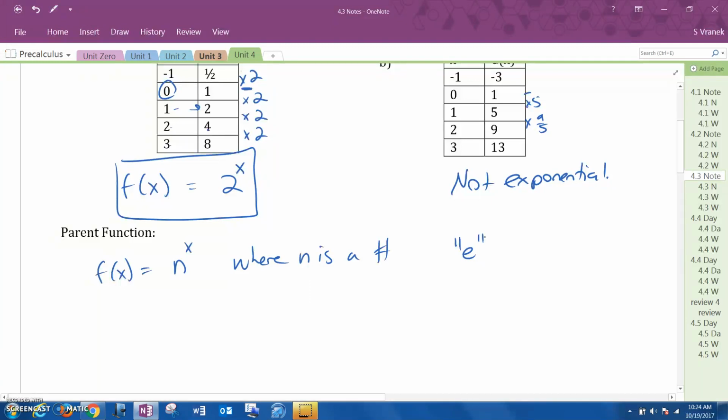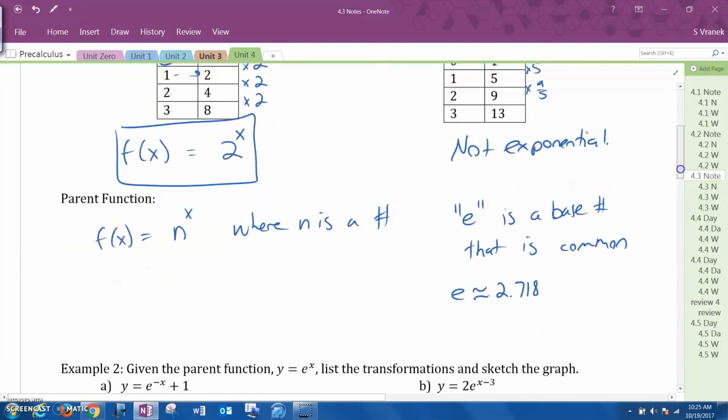It's basically a more common base that happens in exponential functions in the real world, so it's used a lot. So it's a base number that is common. And like I was saying, e is approximately 2.718 if you wanted to know what that number is.